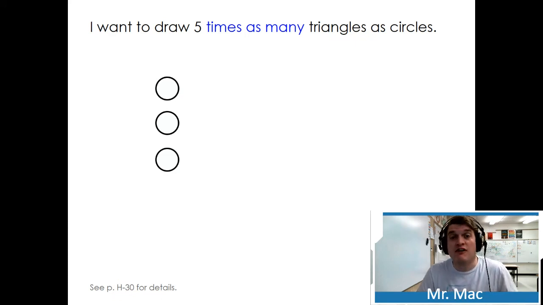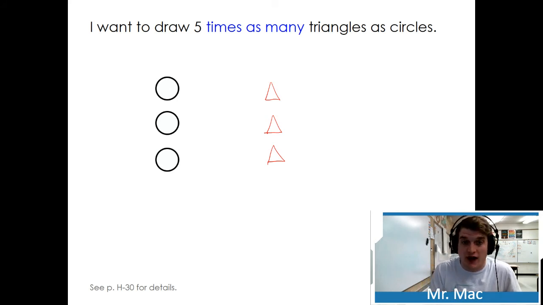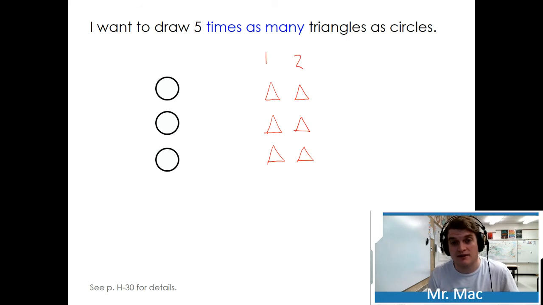I want to draw 5 times as many triangles as circles. I have 3 circles, and I need 5 times as many. If we were to draw the same amount, we would have to draw 3 triangles. This is 1 times as many. 3 times 1 is 3. But we need to draw 5 times as many. So if this is 1, then we draw an additional column to show 2 times as many.